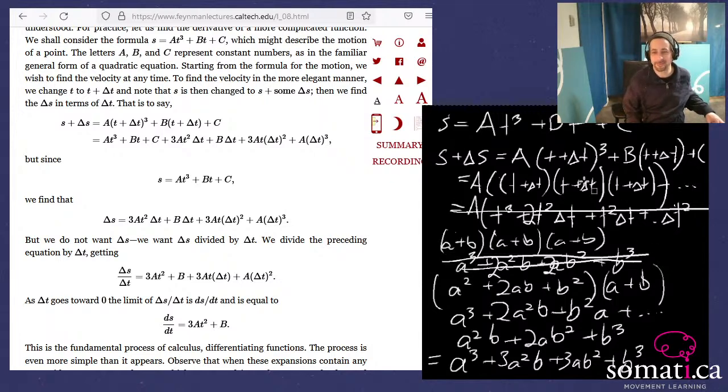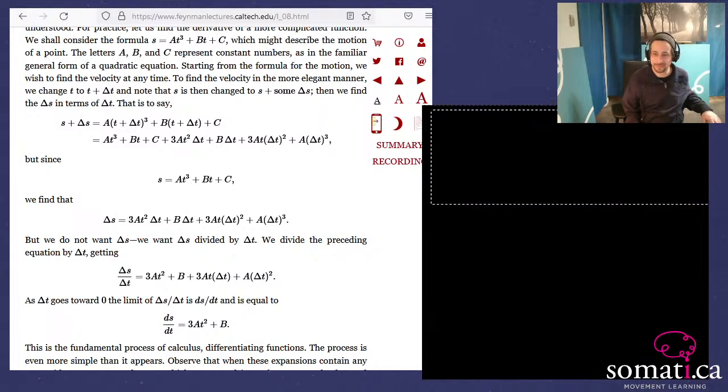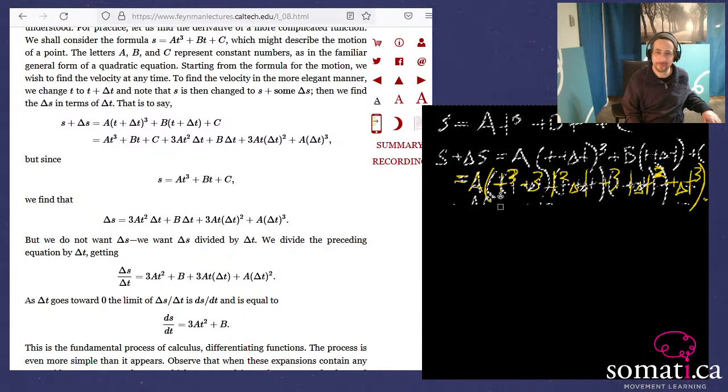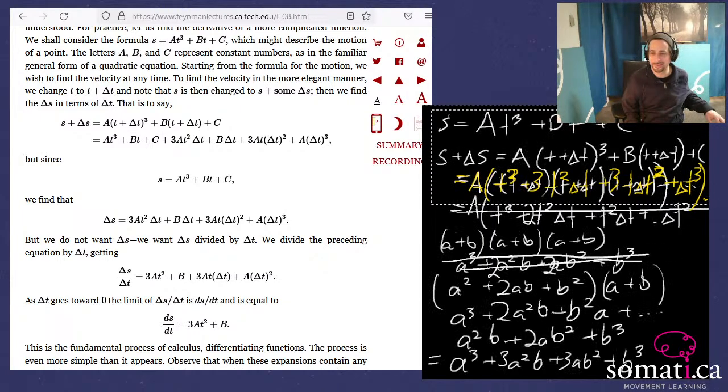What's the problem here? I want this here. All right, that actually works fine. It took the wrong stuff.